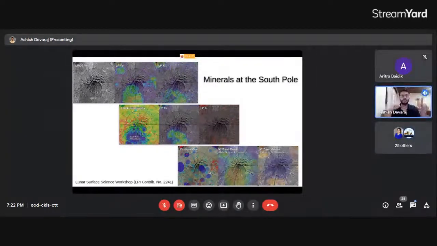So coming back to the earlier question, which was asked about the lava flows. When the basins were formed, I told you that large impacts happened and large basins were formed, like Imbrium Basin and other basins which you see there.